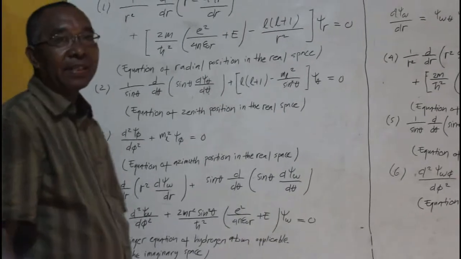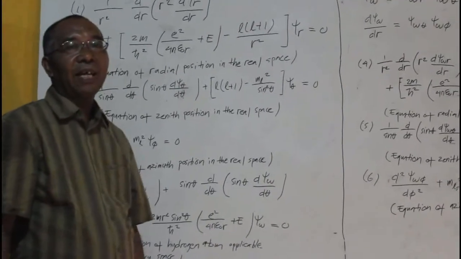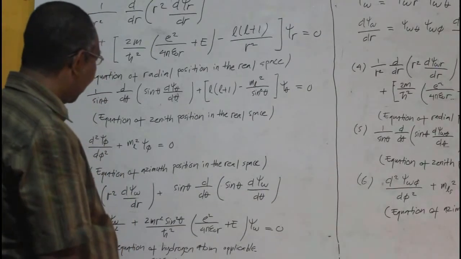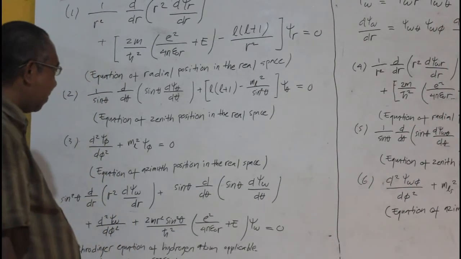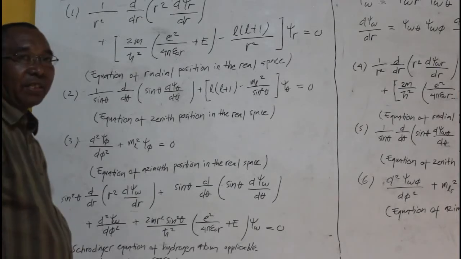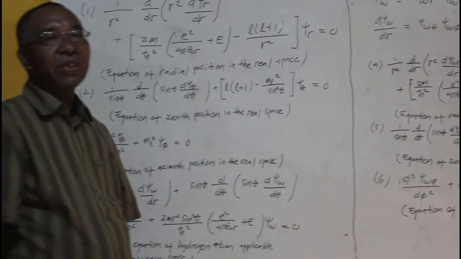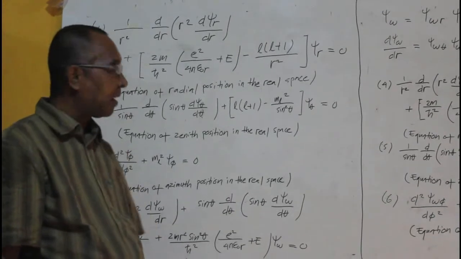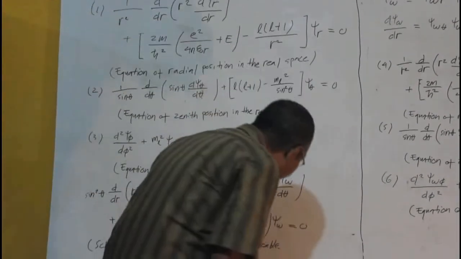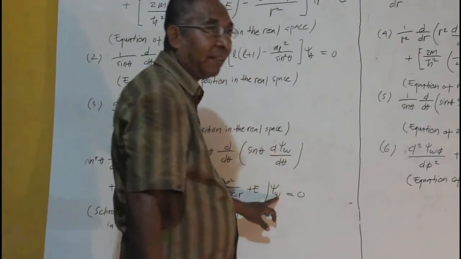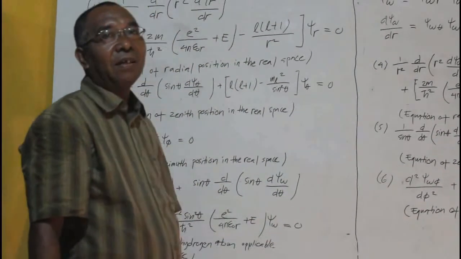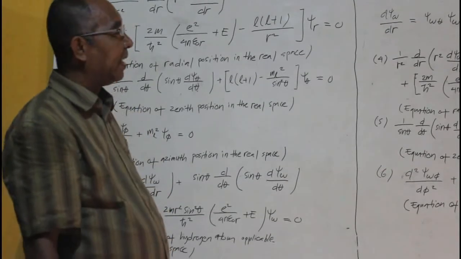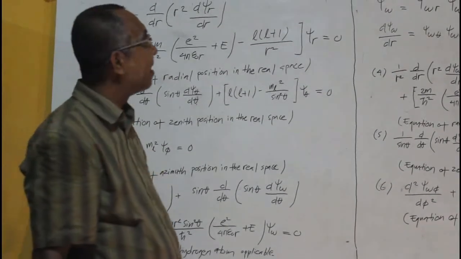As well as in the case of the Schrödinger equation applicable in the real space, in the Schrödinger equation of hydrogen atom applicable in the imaginary space, we can separate the variables of r, theta, and phi to become independent of one another, because psi omega is the multiplication of the radial wave function, zenith wave function, and azimuth wave function applicable in the imaginary space.